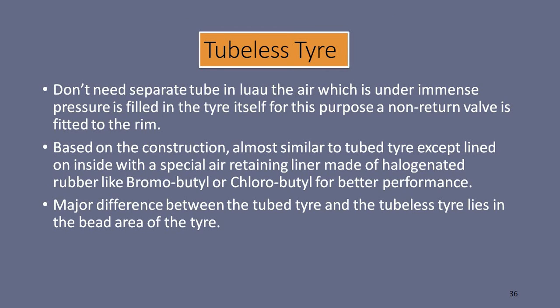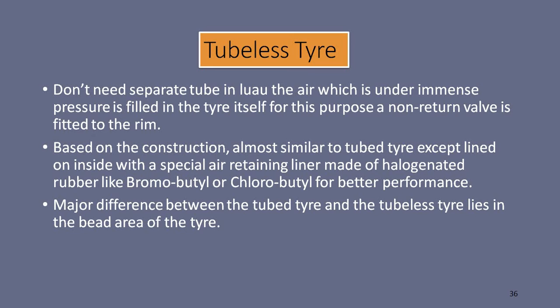Tubeless tires don't need a separate tube. Air, which is under immense pressure, is filled in the tire itself. For this purpose, a non-return valve is fitted in the rim.